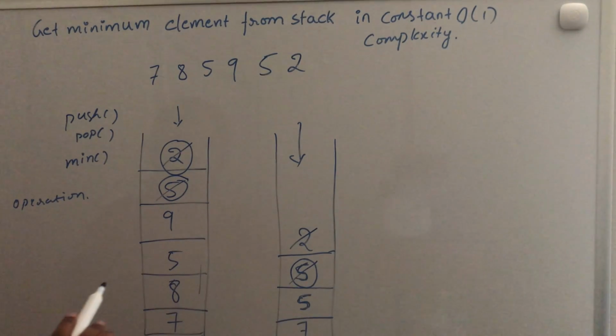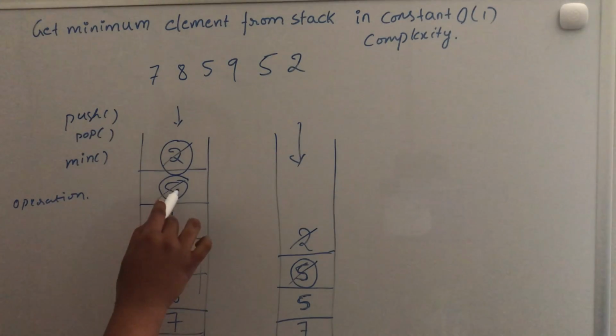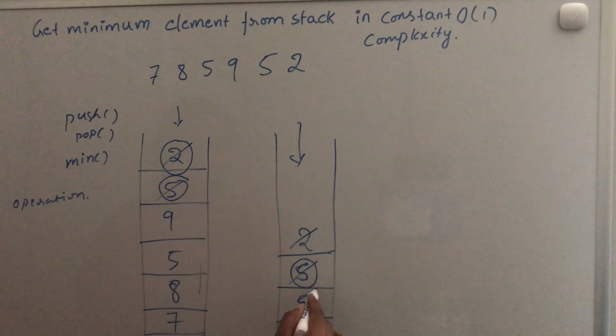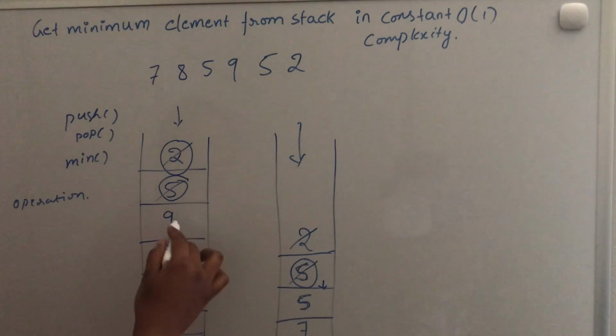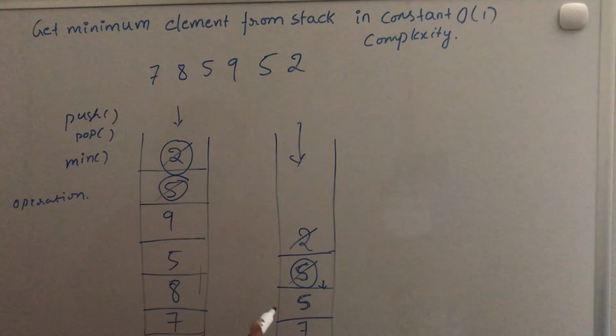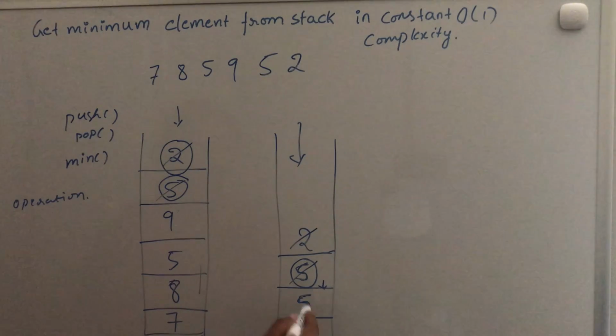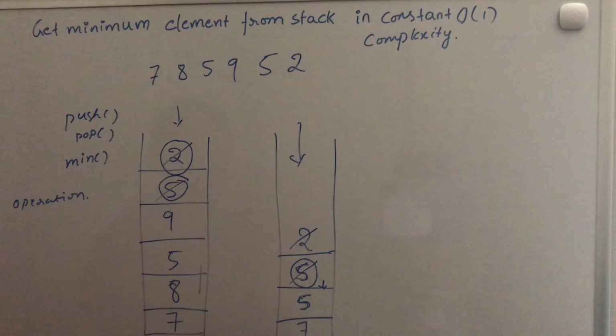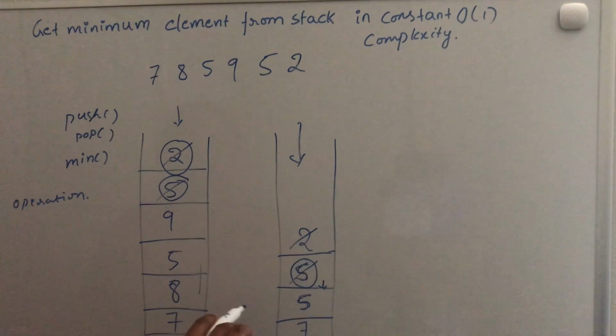If we tracked it only once, it would come down to 7, and the minimum would be shown as 7, but that is wrong, right? So we need to keep track of duplicates also.